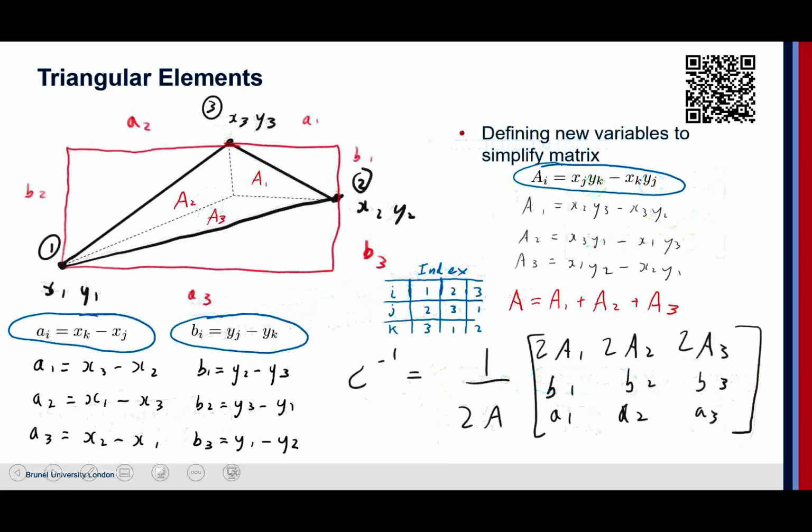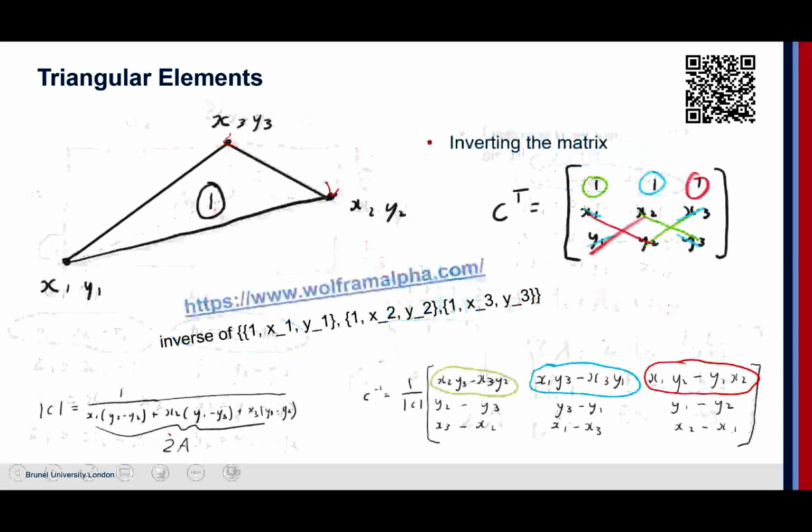So once you've done that, the next step is to recognize what each of these terms are. Let's go back, sorry. Each of these expressions in the matrix, you can see the first row here are the three parts that, if we add them together, give us the area of the matrix.